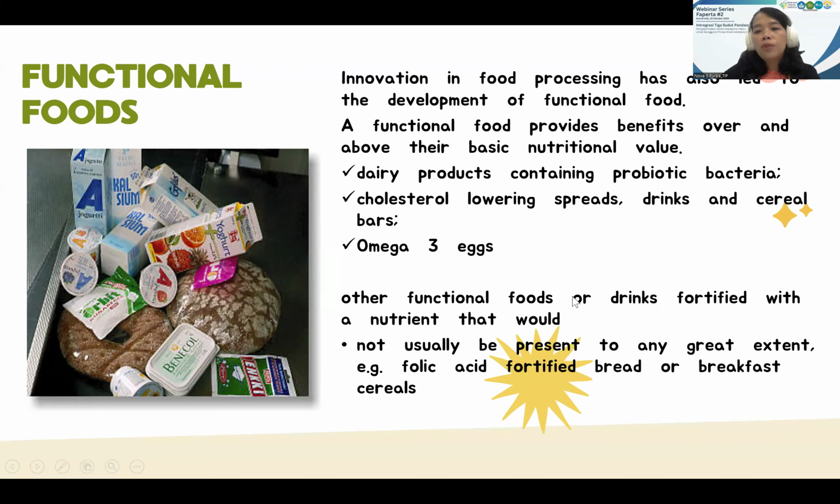Other functional foods or drinks are fortified with nutrients that would not usually be present to any great extent, for example, folic acid fortified bread or breakfast cereal. So food innovation keeps going in food processing and develops functional food.